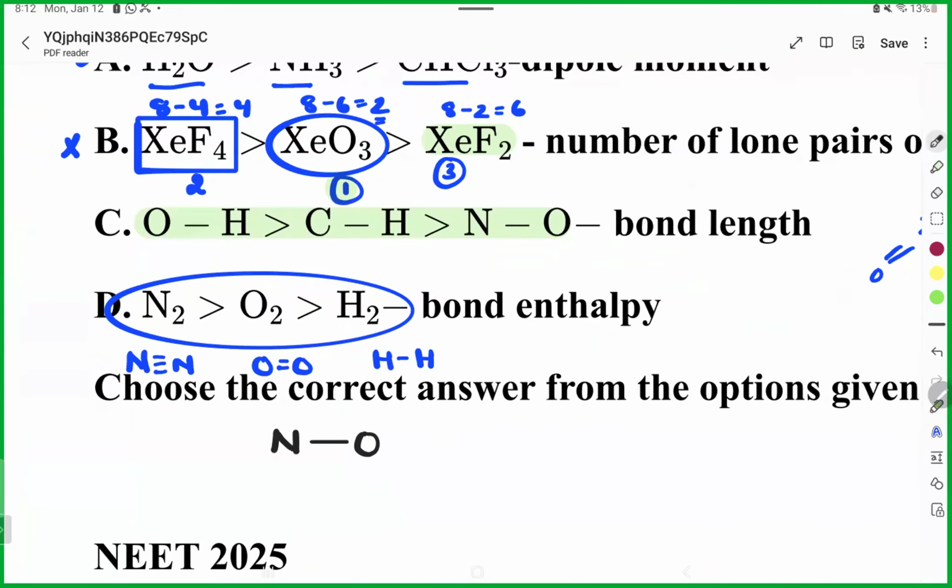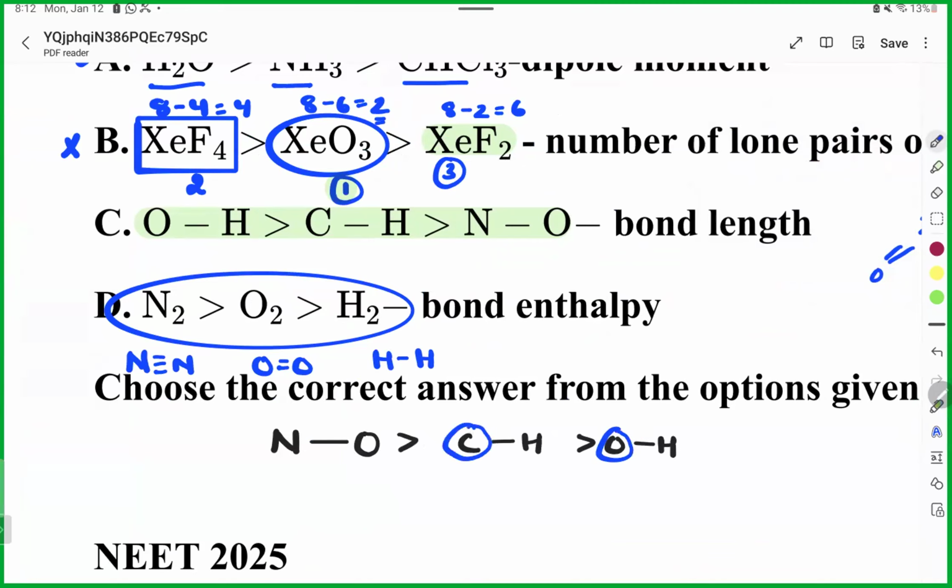Now compare with this. Nitrogen and oxygen have almost comparable electronegativity. So bond length will be maximum. Oxygen and hydrogen have maximum electronegativity difference. So this value will be minimum. And carbon, hydrogen. Like now you can compare this with this. Here electronegativity is more.